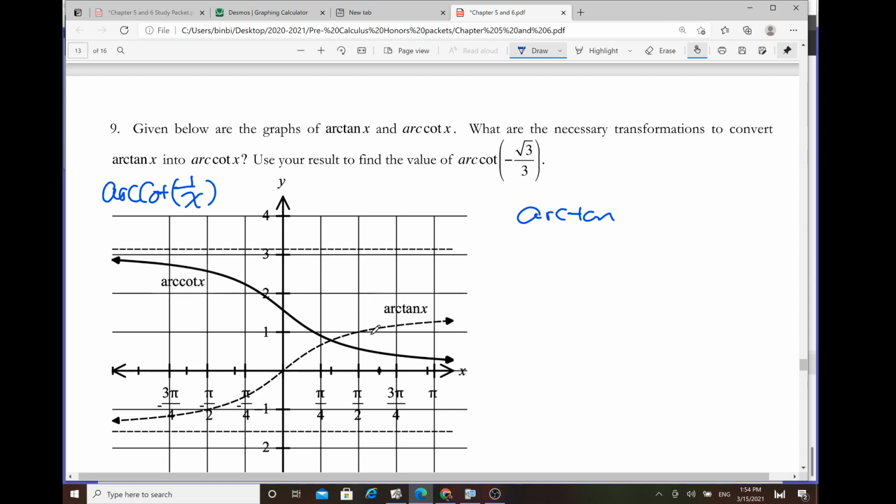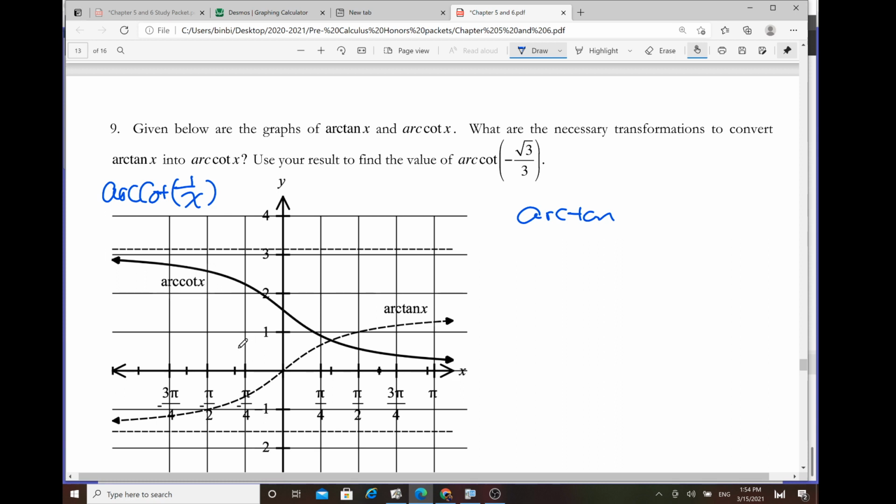So check that: negative root 3 over 3 for theta. It looks like for that part right there, there's no solution, because one is the inverse of tangent and the other one is arc cotangent.